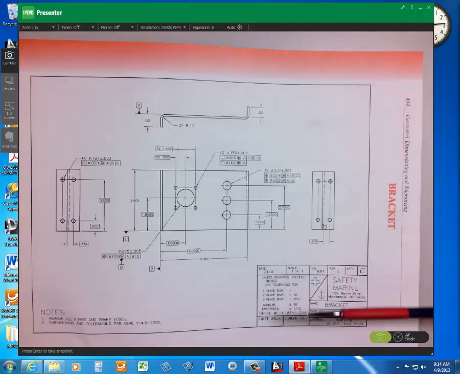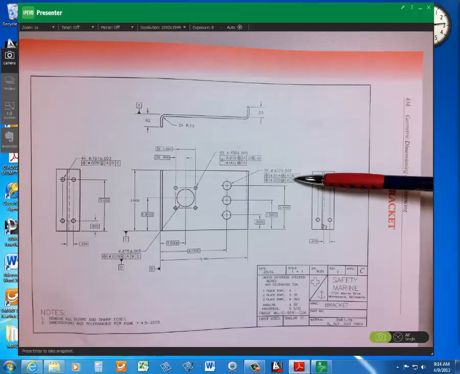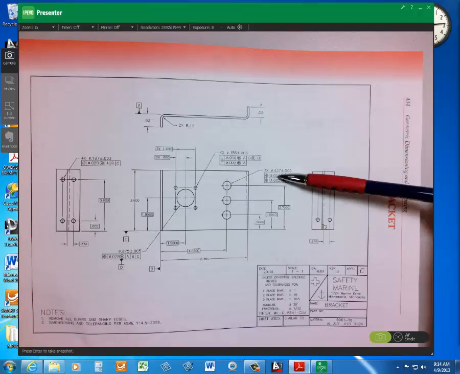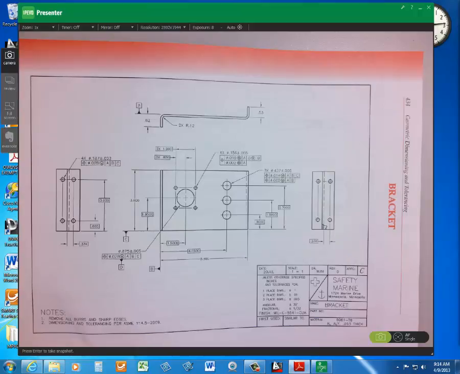So no matter what size is manufactured, this tolerance applies. So it doesn't care.